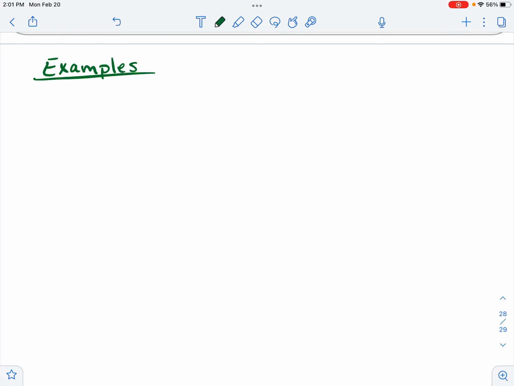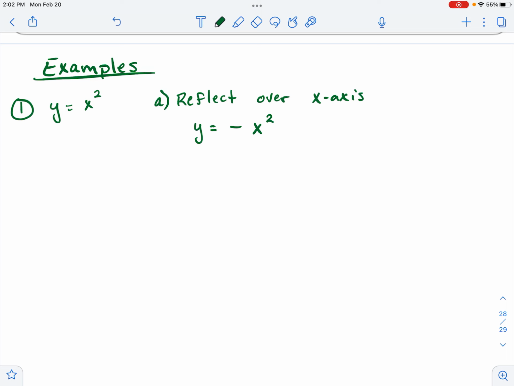Let's take a look at this first example. We're going to say our parent function is y equals x squared, and in part A, we want to reflect over the x-axis. To reflect over the x-axis, what we need to do is add a negative in front of our x squared, so this is going to be negative x squared.